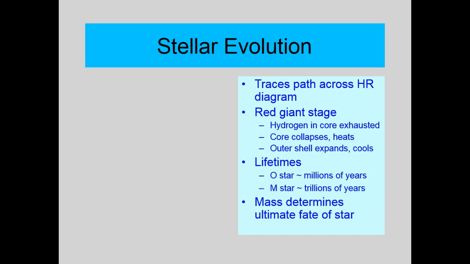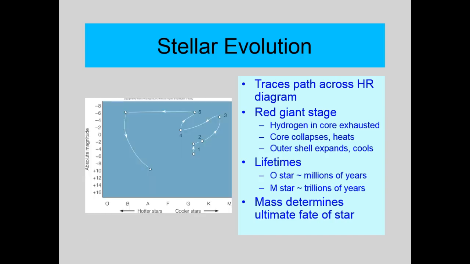All right. The mass determines the ultimate fate of the star. We have it going to red giant. What happens from this point on determines the ultimate fate of the star. So we'll talk about that in just a minute. So what is described here, it started out in the main sequence, and then when it ran out of fuel and the fusion ceased, the core collapses, the outer shell expands, it becomes a red giant.